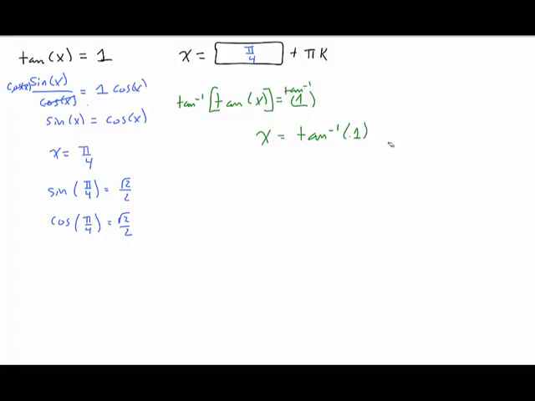Now inverse tangent is asking me a question. This means what angle, actually let's put our restriction in first. What angle in the interval negative pi over 2 to positive pi over 2, and again, this is a restriction that you had memorized from trigonometry, has a tangent of 1?